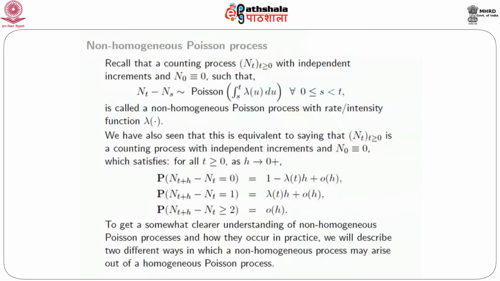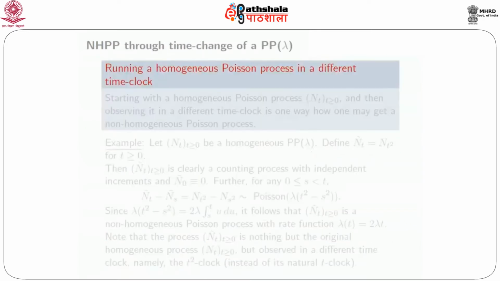So we'll describe two different ways in which a non-homogeneous process may arise out of a homogeneous Poisson process. We are basically assuming that homogeneous Poisson processes do arise in practice. Now we are going to say, out of a homogeneous Poisson process, how one can come up with a non-homogeneous Poisson process. So the first method is NHPP through a time change of a PP(lambda).